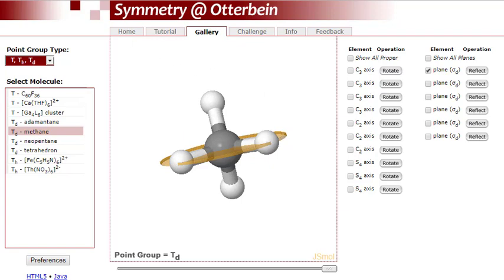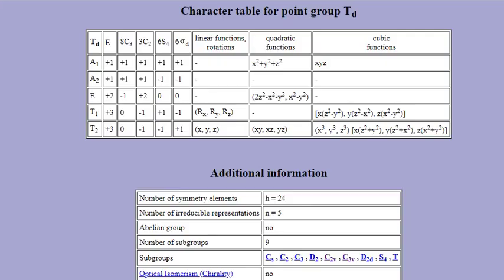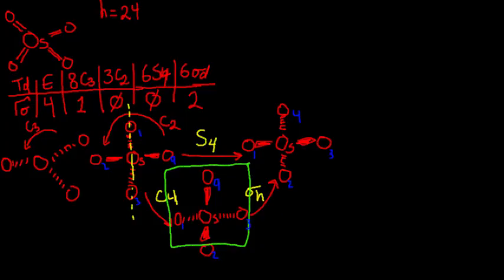Now we go back to the irreducible representation in this case. So if we work out the irreducible representation like we did the first time with the previous example, we would realize that in this case we have the sigma bonding to be 1A1 plus 1T2.